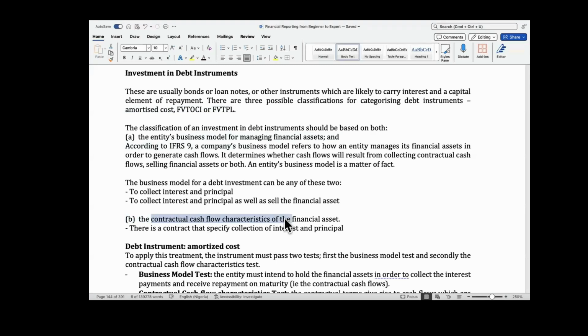Those are the two things we look at to determine how we will ultimately classify it at the beginning of the year. Looking at the entity's business model for managing that financial asset means: how does the entity want to make money? Because when we say business model, we are talking about how you make money.